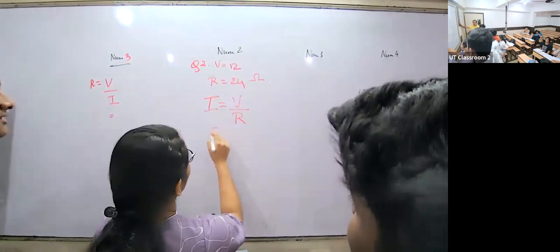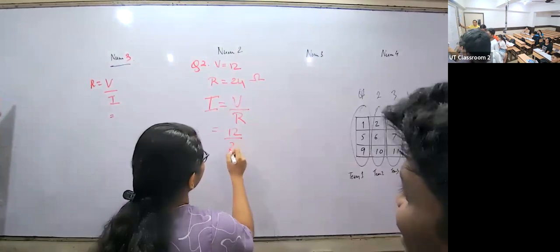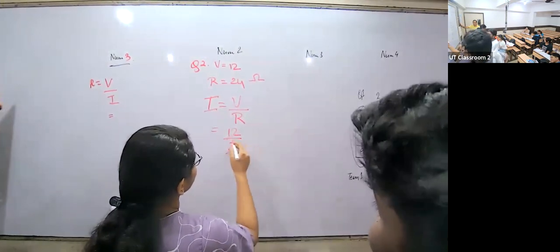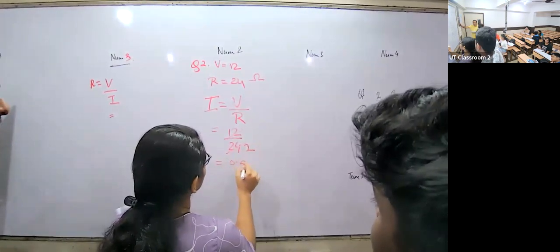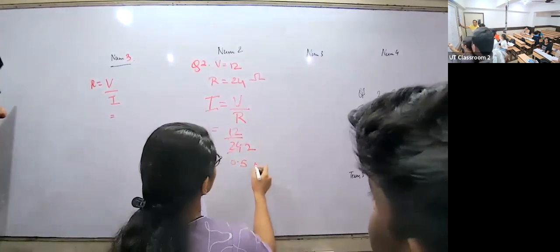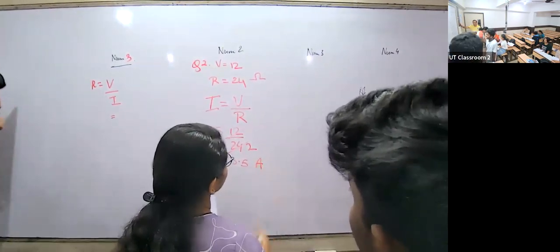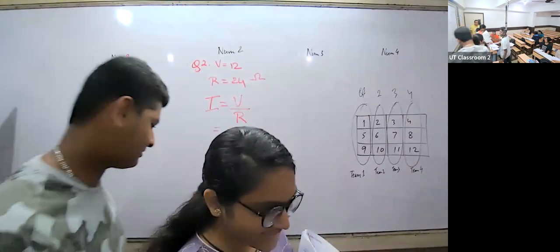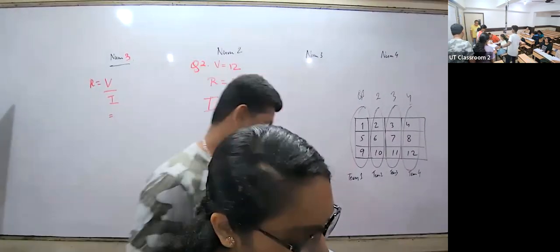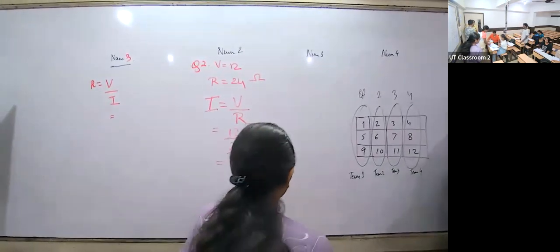Then B is equal to that by 24, 1 by 2, which is 0.5 एम्पियर. Direct पर लिखो कैपिटल. Okay ठीक है, question 2 is solved right. Sit down.